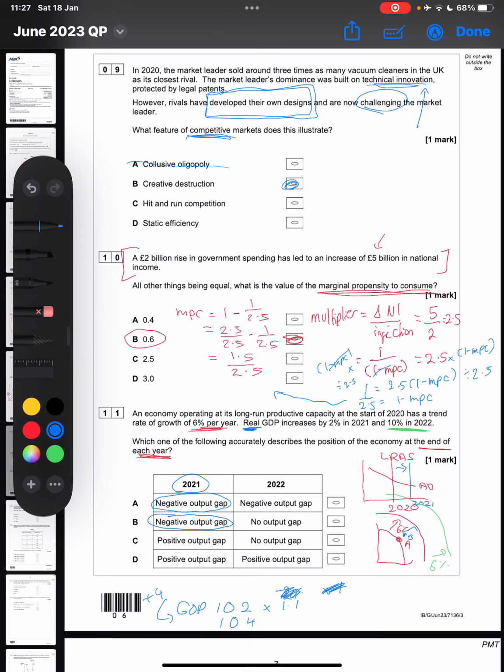So overall, it's gone up by 10%, which should be 10.2, which gives us roughly 112. That means it's gone up by 12% in total, your real GDP.